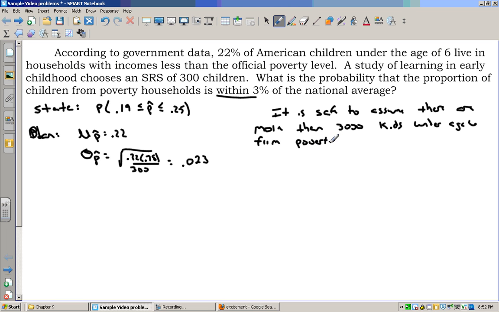I mean, when you think about the entire nation, 3,000 children under 6, I think that's a fairly reasonable assumption, unfortunately.